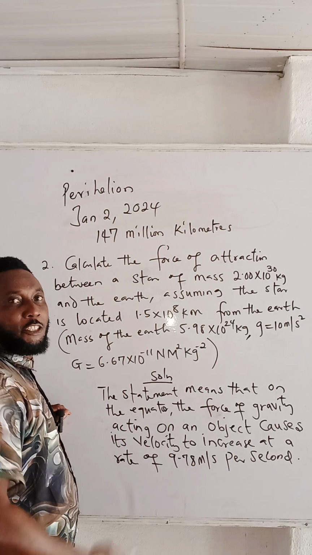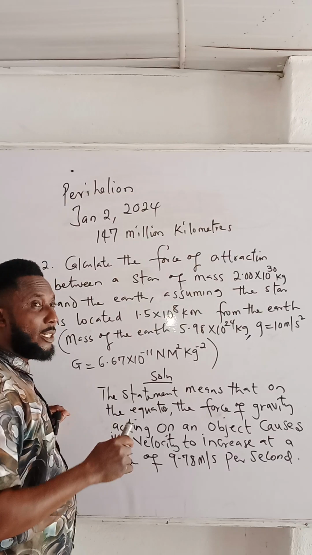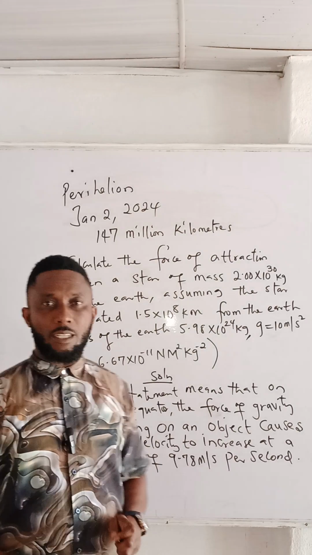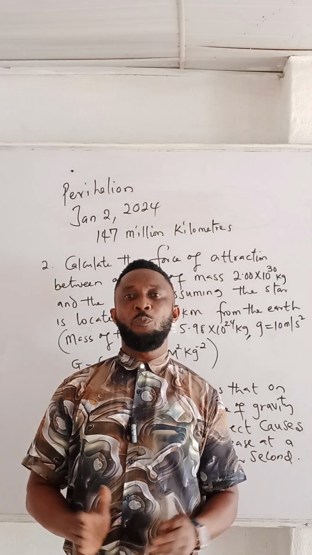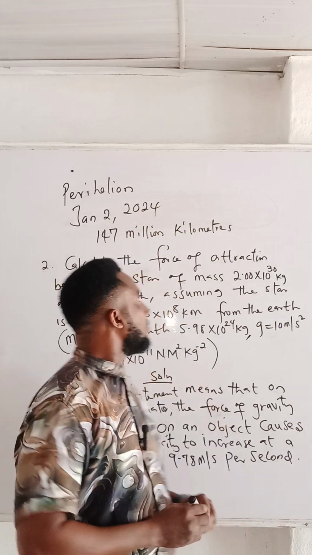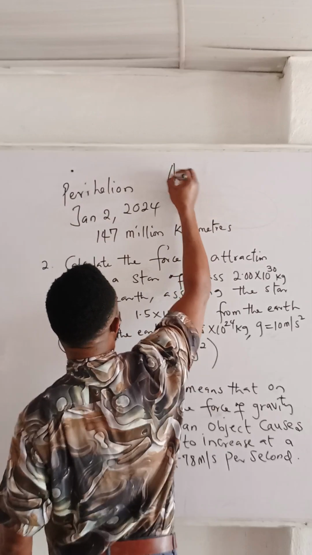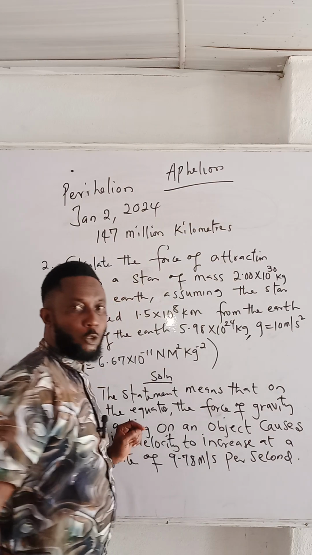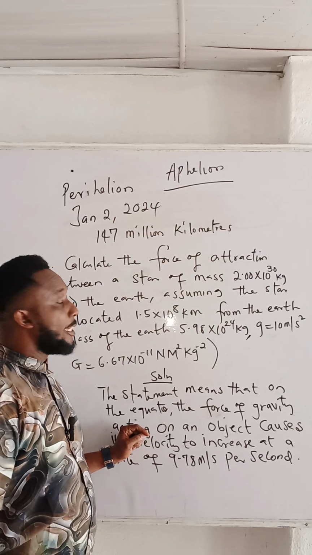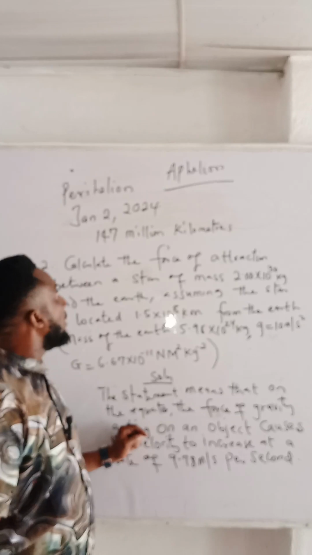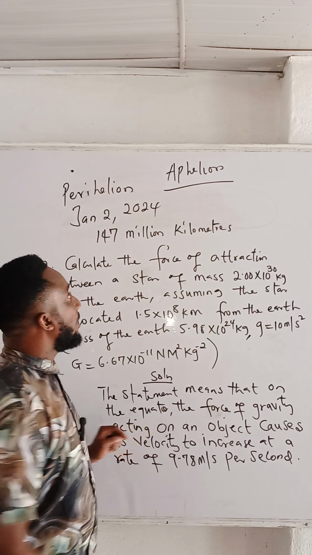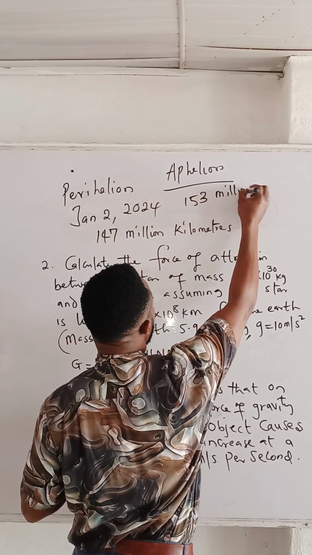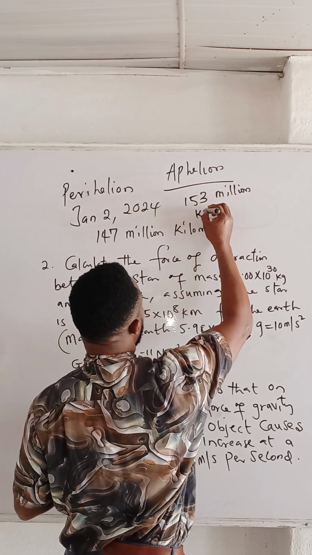Somewhere in July, specifically July 5th this year, the Earth will be at its aphelion. It will be farthest away from the Sun, and the distance would be 153 million kilometers.